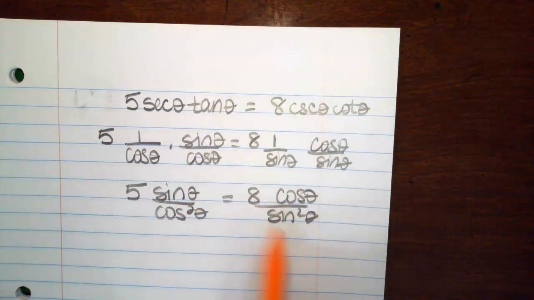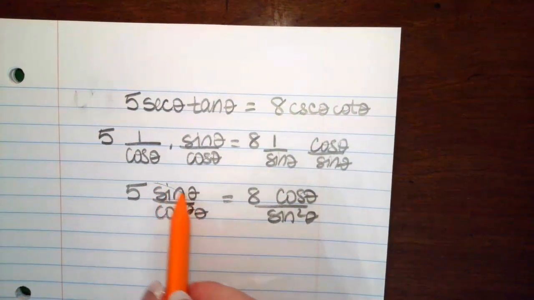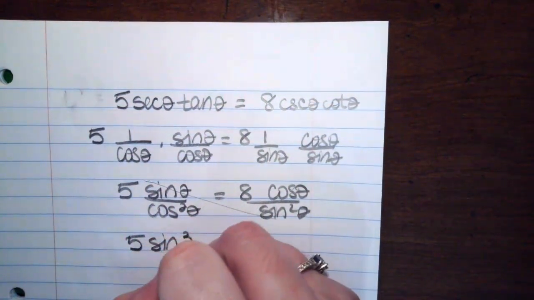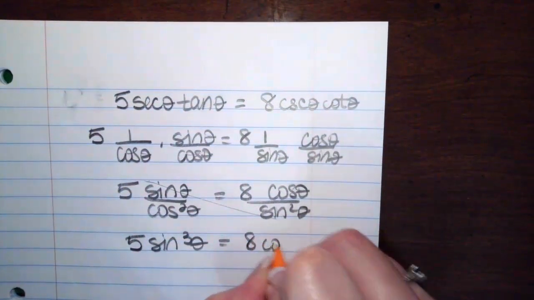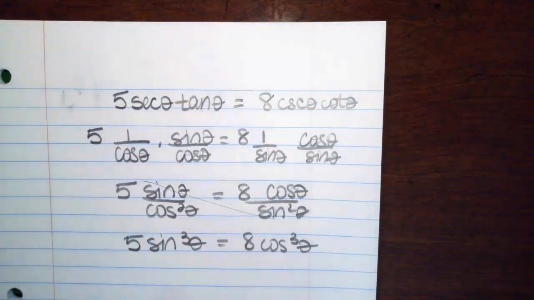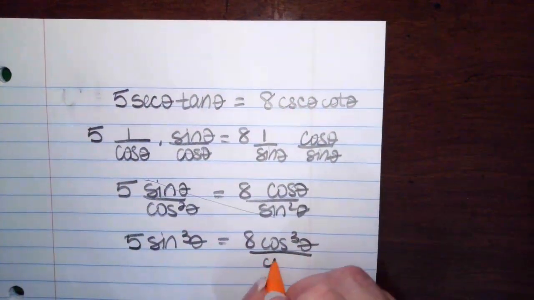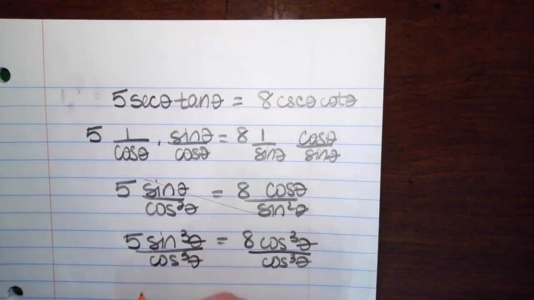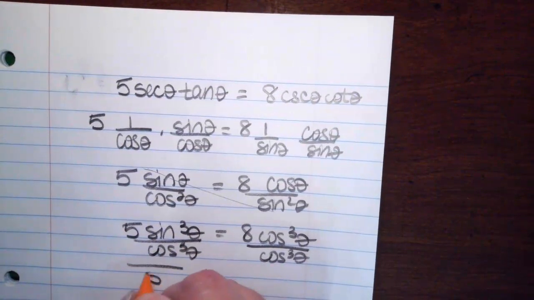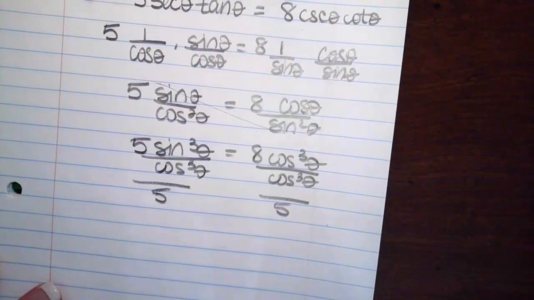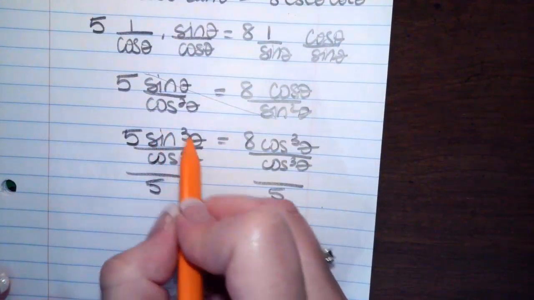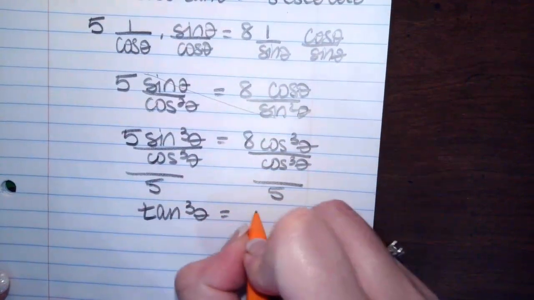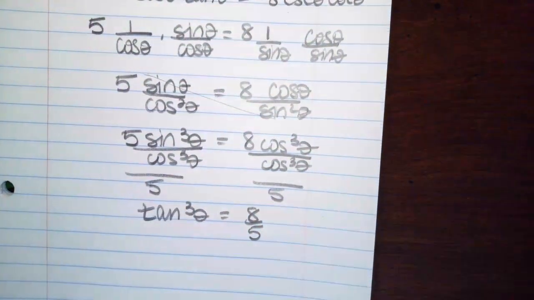And at this point, I'm going to cross multiply. So I get 5 sine cubed theta equals 8 cosine cubed theta. If I divide both sides by cosine cubed, and then divide both sides by 5, I end up with tangent cubed theta equals 8 over 5.